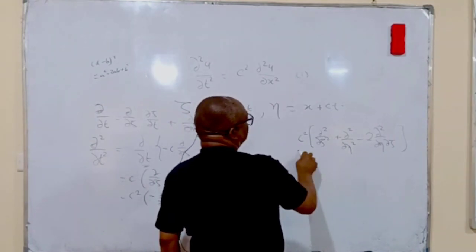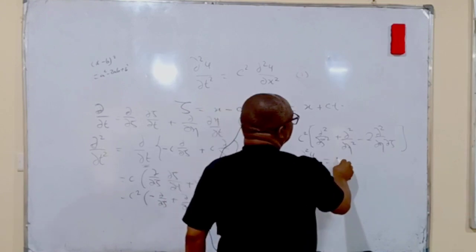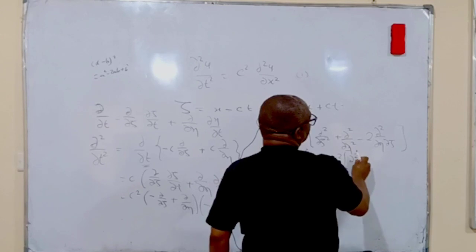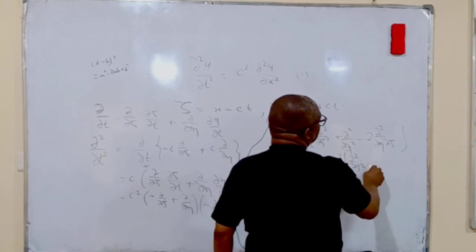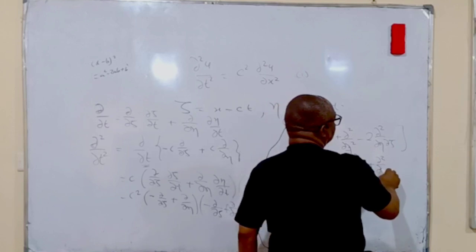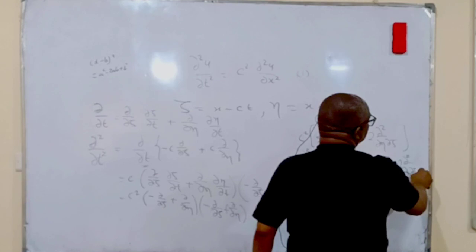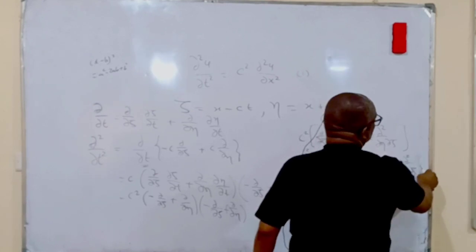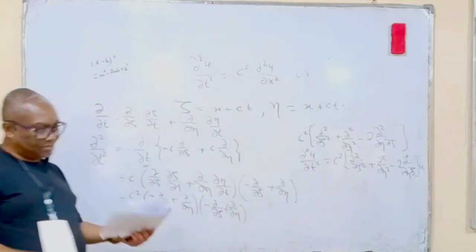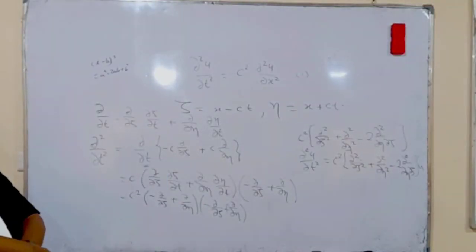You'll have partial 2u by partial t squared equivalent to c squared into partial 2 by partial this squared plus partial 2 by partial theta squared minus 2 of this of theta of this operating on u. Any problem so far?